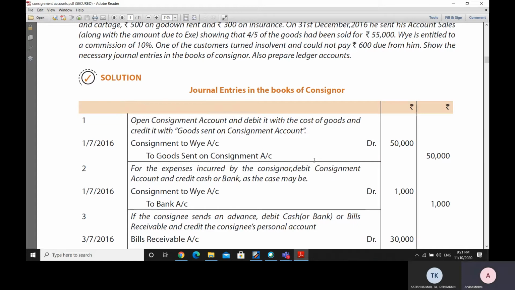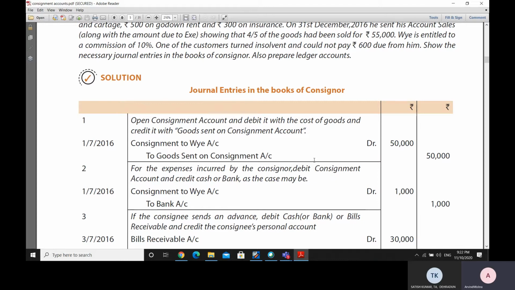this goods sent on consignment account will consist of those goods which were earlier purchased.